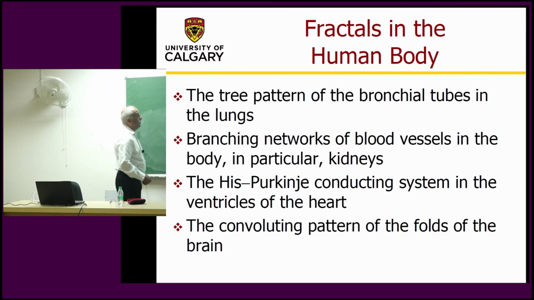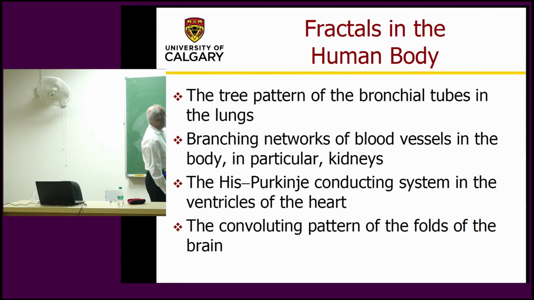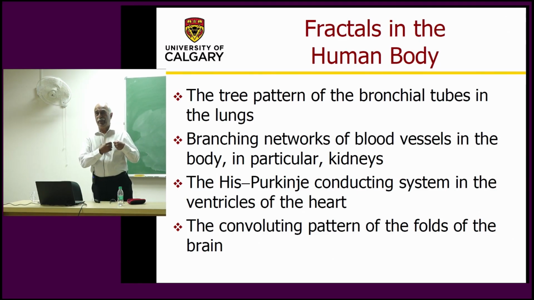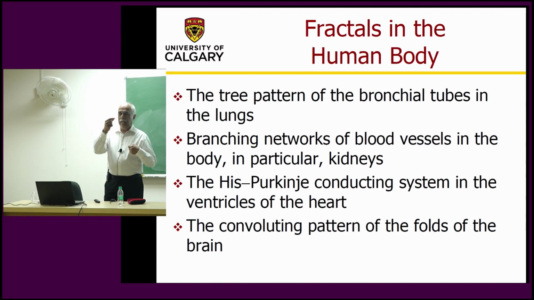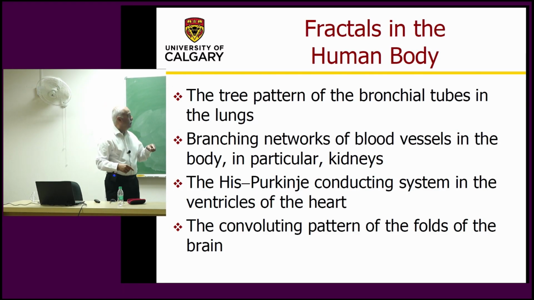So a few examples of fractals in the human body: the tree pattern of the bronchial tubes in the lungs, branching networks of blood vessels in the body, in particular kidneys, the His-Purkinje conducting system in the ventricles of the heart. You know that the heart has an electrical conduction system, like a wiring system of its own. So from the sinoatrial node, there is a bundle of conducting fibers going to the atrioventricular node. And from the atrioventricular node, there are two branches called the bundle branches.